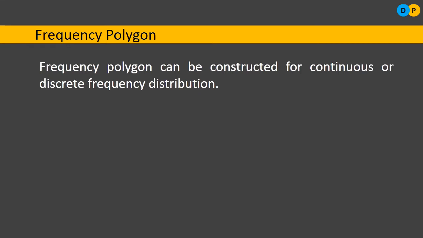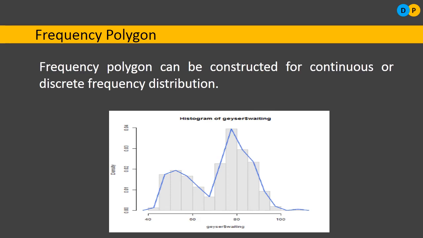So how will the frequency polygon look? It will be of this nature. There are two different methods of constructing a frequency polygon, but this is how it looks at the final stage. As you can notice, this graph has multiple sides. That's why it is referred to as a polygon, a plane geometrical figure having multiple sides.